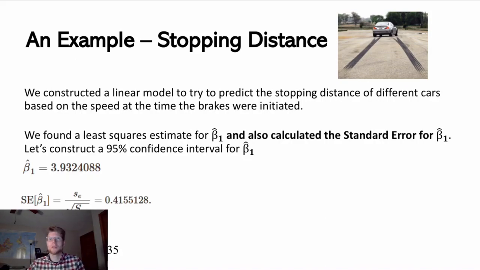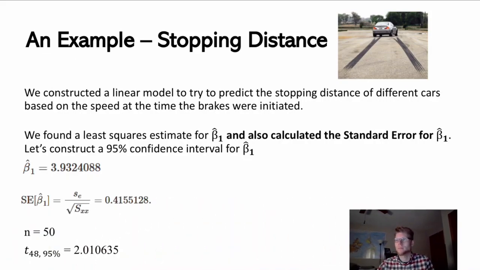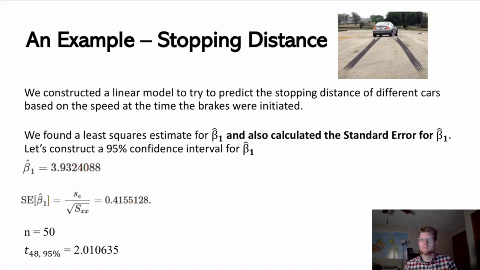All right, so let's do an example. We're obviously going to be using R to do this kind of stuff, but I think it's still helpful to construct it by hand at least once and think about what the parts are. So let's say that we constructed a linear model to try to predict the stopping distance of different cars based on the speed at the time the brakes were initiated.